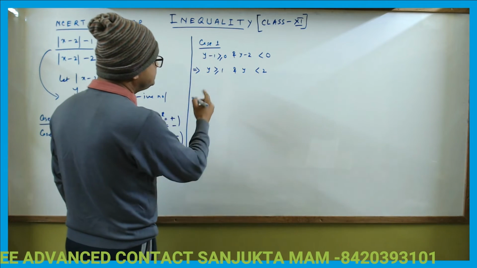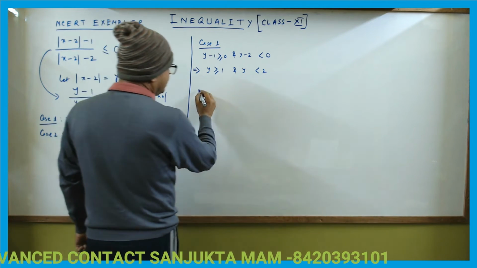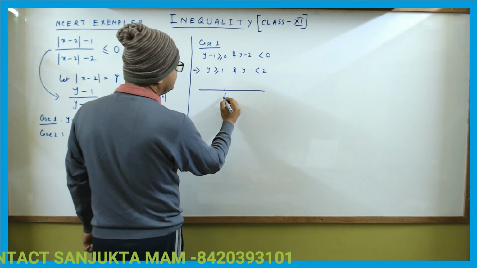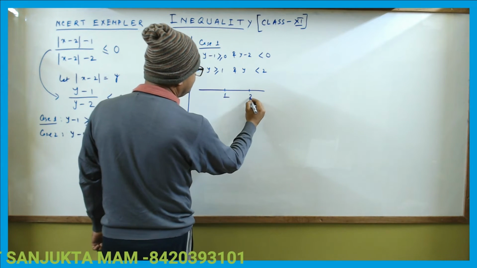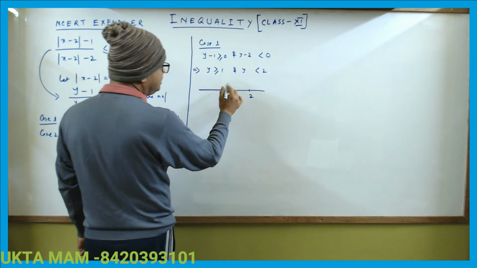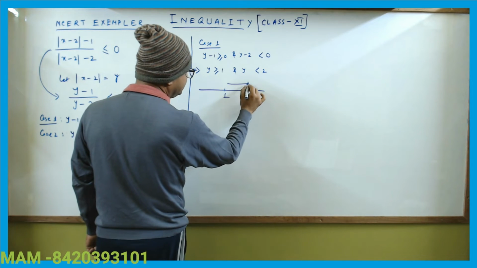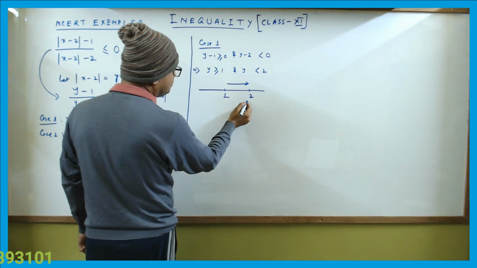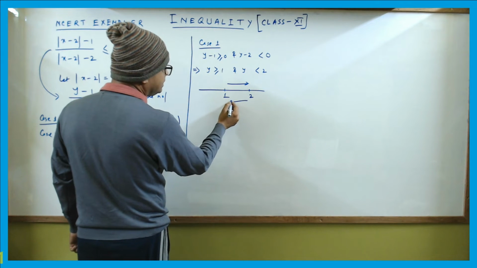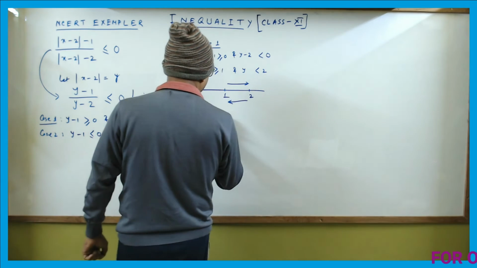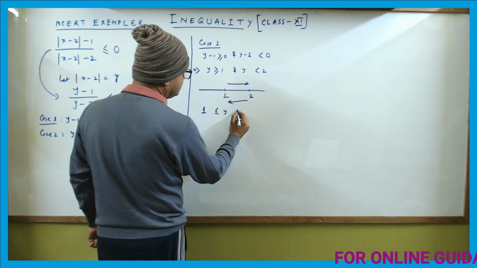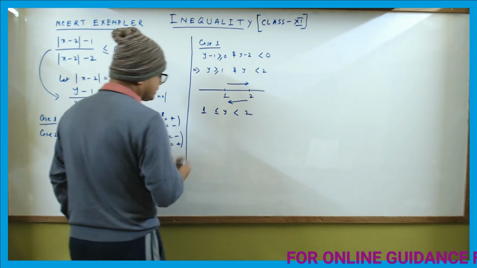On the number line, here is 1 and here 2. Y greater equal to 1 means y lies in this zone, and y less than 2 means y lies in this zone. So here we get 1 less equal to y less than 2.